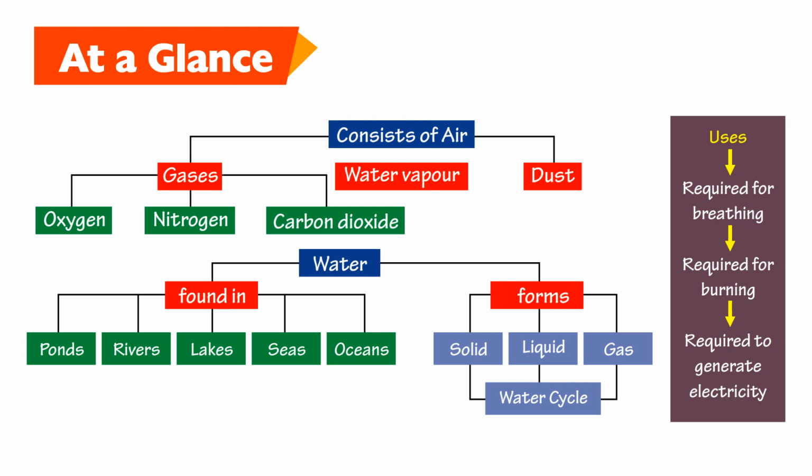Water: found in ponds, rivers, lakes, seas, oceans. Forms: solid, liquid, gas. Water cycle. Uses: required for breathing, required for burning, required to generate electricity.